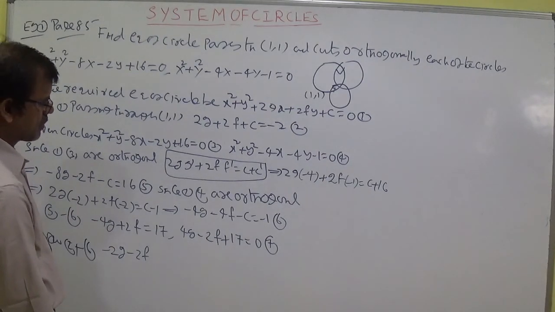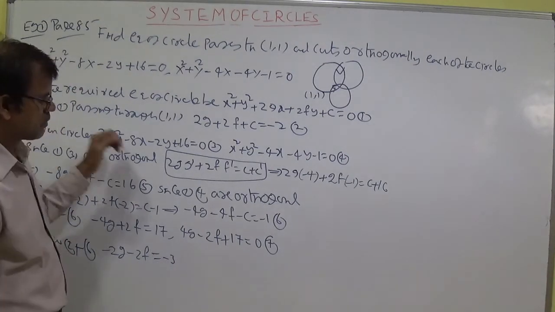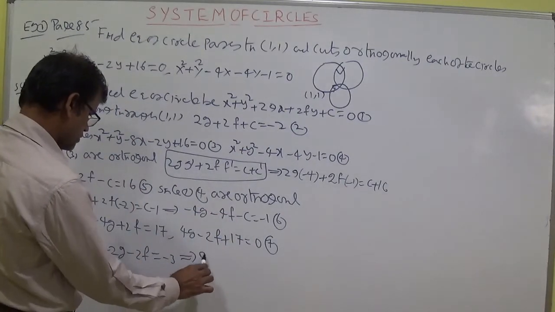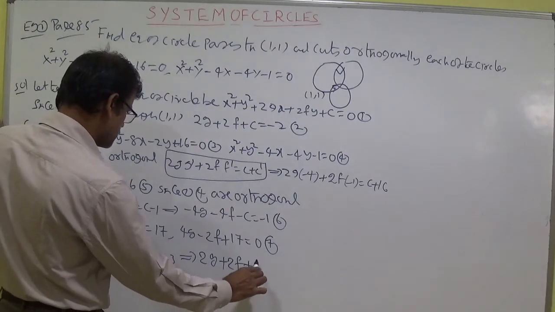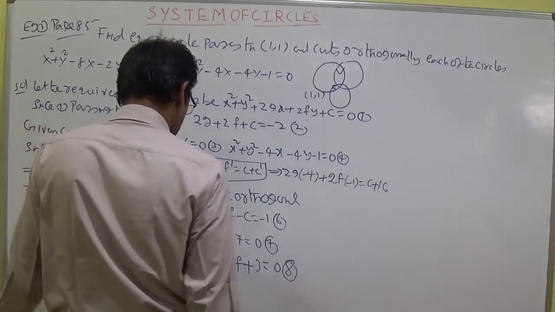Minus 2 minus 1 is minus 3. That implies 2g plus 2f plus 3 equal to 0. Let it be the eighth equation.